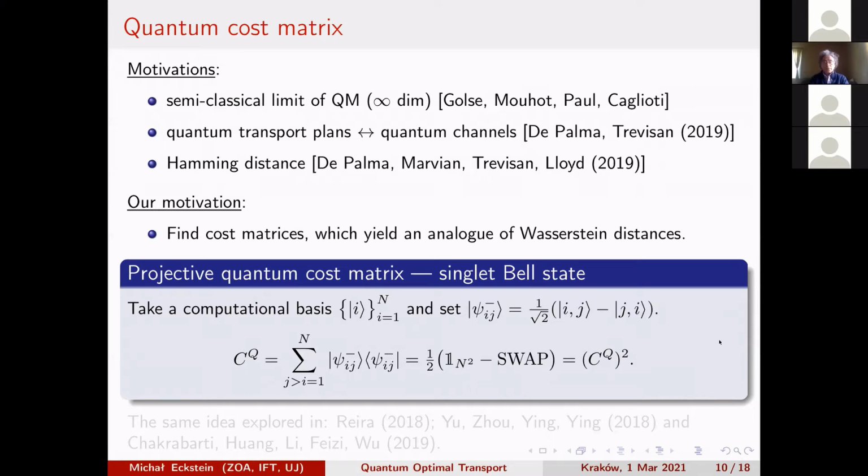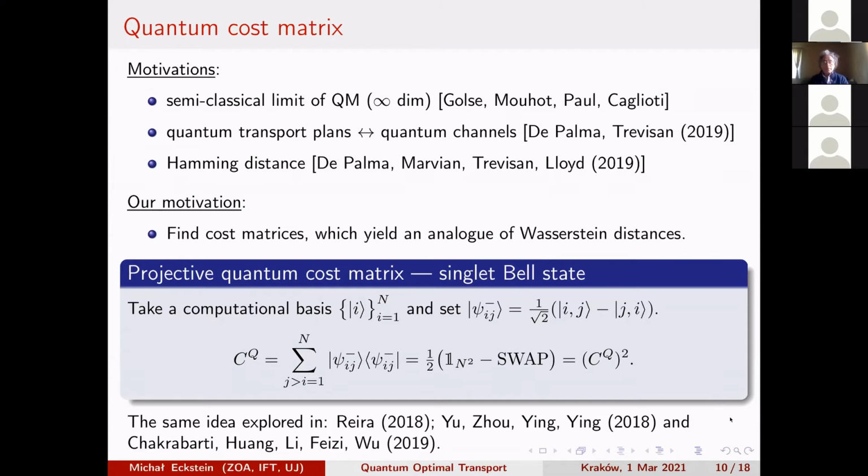This was initially Carol's idea to consider this quantum cost matrix. Later on, we discovered that there were other people developing the same idea. In particular, this gentleman in 2018 considered the very same quantum cost matrix. And this cost matrix also appeared in another paper by this group.